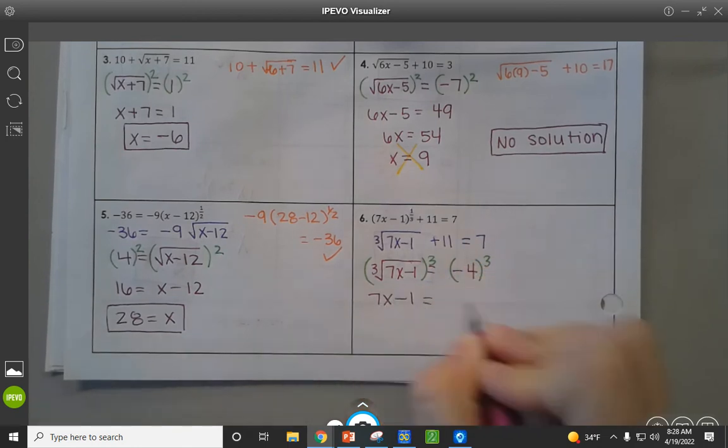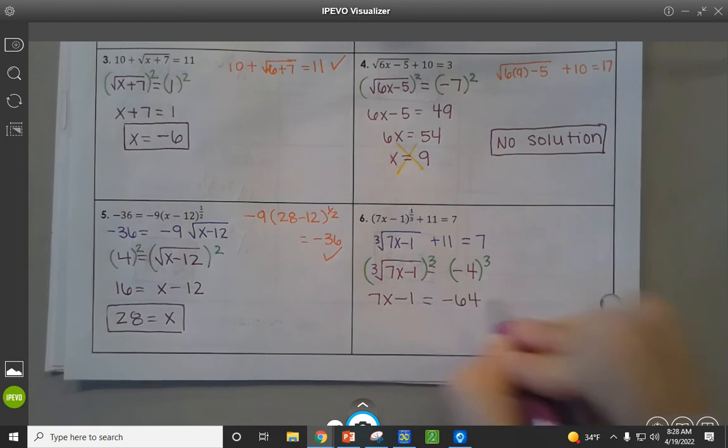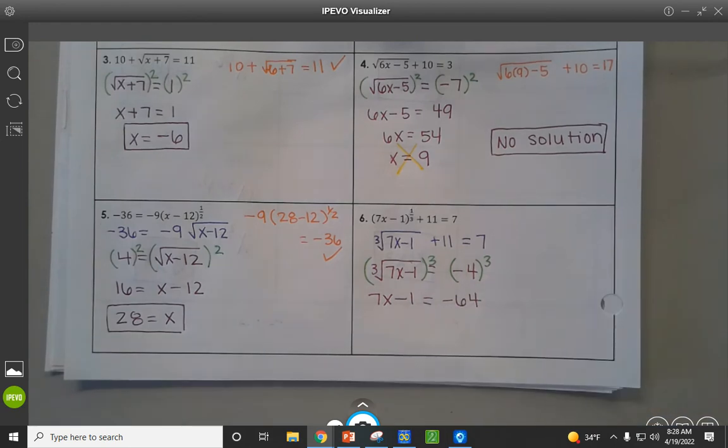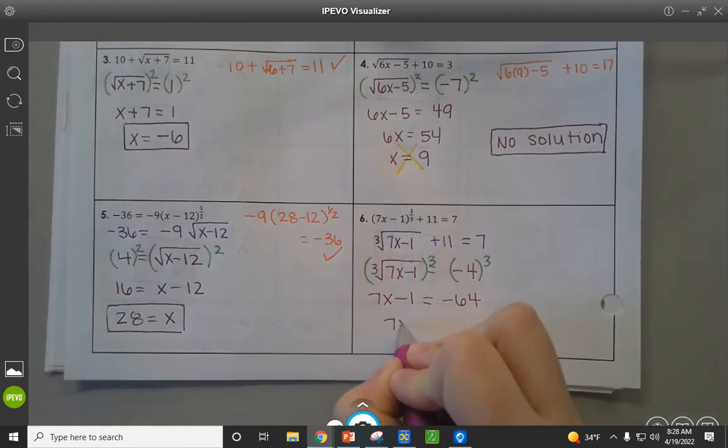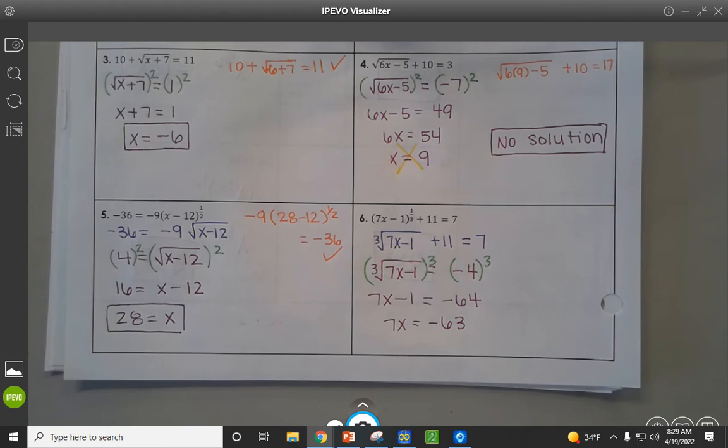Then we add 1 to both sides. 7x equals negative 63. And then divide by 7 gives me x equals negative 9. And we're going to go over here and check to see if this truly is a solution.